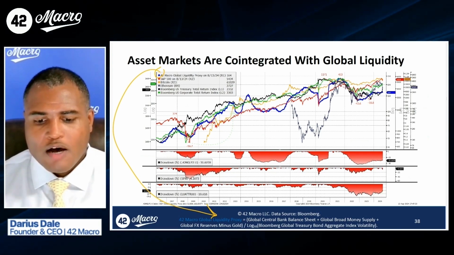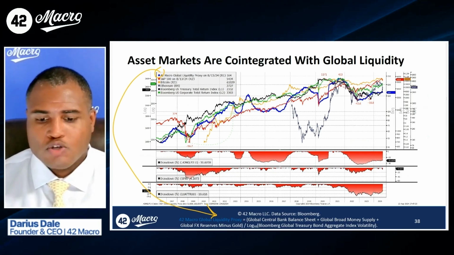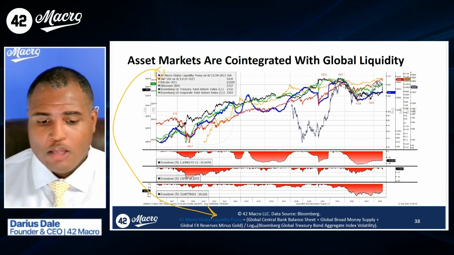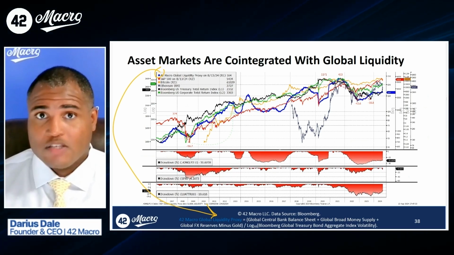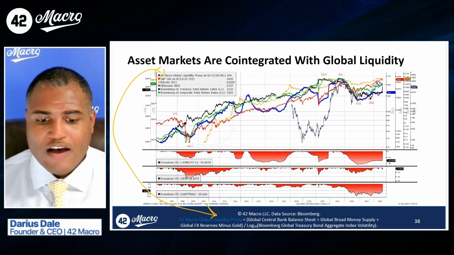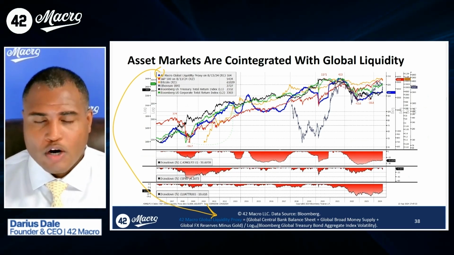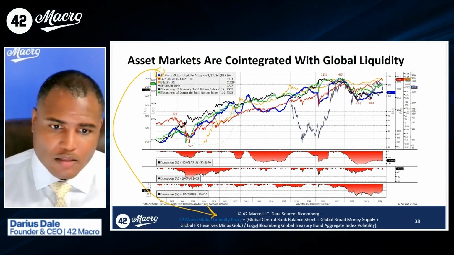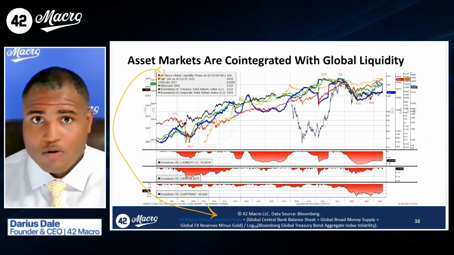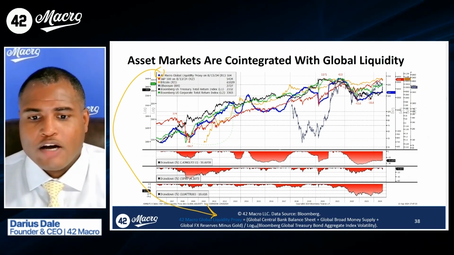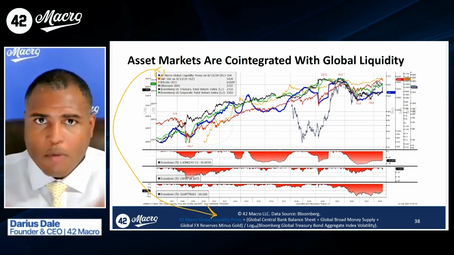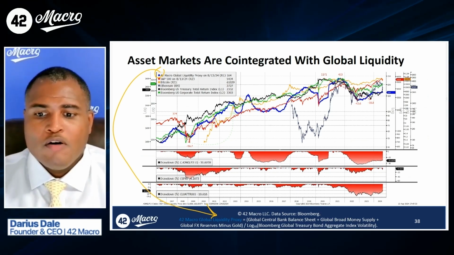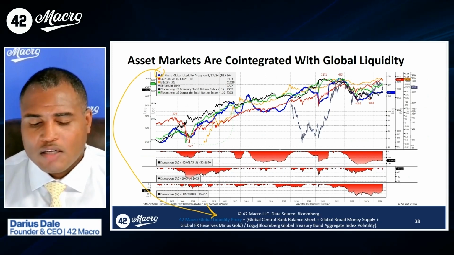This is the US dollar sum of all the major central bank balance sheets in the world, the top 10, their country's broad money supply on a US dollar basis, their FX reserves minus gold, so the liquid FX reserves, and then we divide that by the log of global treasury bond market index volatility as a proxy for the influence of the length of collateral change in the repo market and also the size and scope of collateral haircuts in the repo market. So obviously, as bond market volatility rises, you have less repo activity, more costly repo financing, and you tend to have a decline in global liquidity.